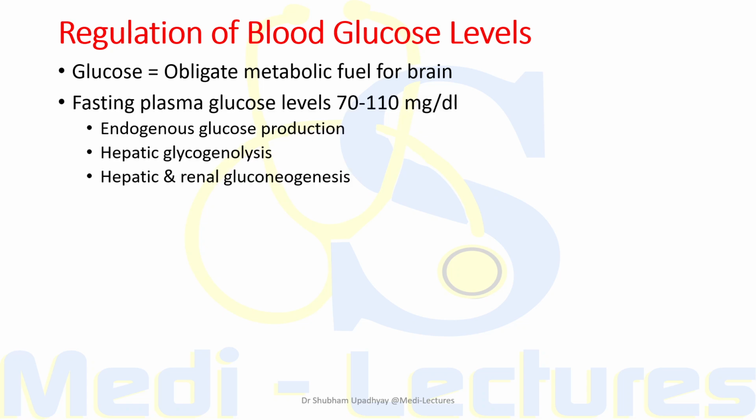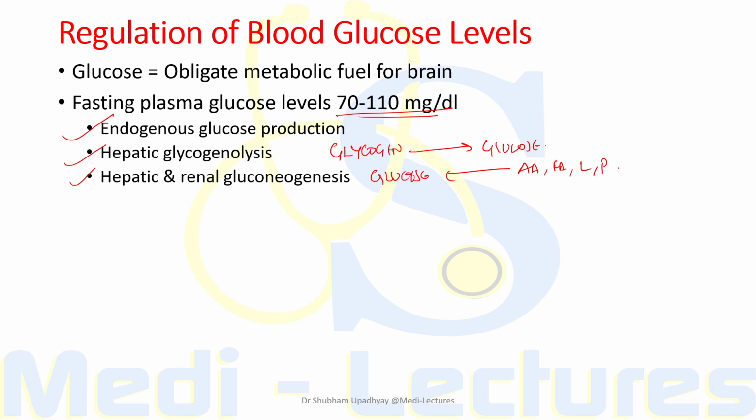Fasting plasma glucose is maintained within a relatively narrow range of 70 to 110 milligrams per deciliter. This is done by endogenous glucose production: hepatic glycogenolysis, which is breakdown of glycogen to glucose in the liver, and finally hepatic as well as renal gluconeogenesis, which is formation of glucose from precursors like amino acids, fatty acids, lactate, pyruvate.